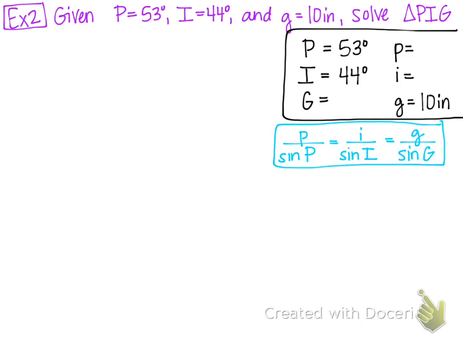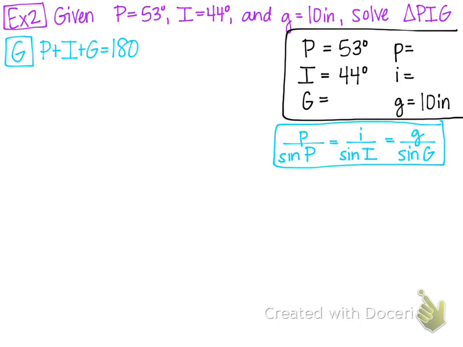Now, the difference between this problem and the last problem is you had options of what you could solve for first. On this problem, we actually do not have any options. There's one thing we can find first, and that one thing is that missing angle. So we're going to find big G. Remember, angle P plus angle I plus angle G is going to give me 180 degrees.